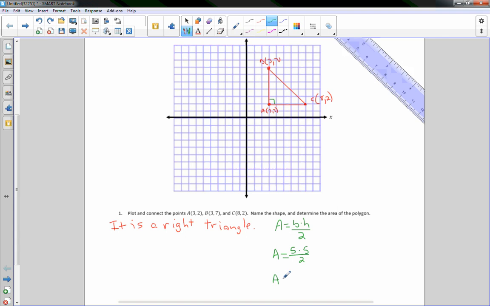So the area equals 25 divided by 2, which is 12 1/2 units squared. Now, I should have said unit here and units here and units squared here. Okay, so my answer is 12 1/2 square units.